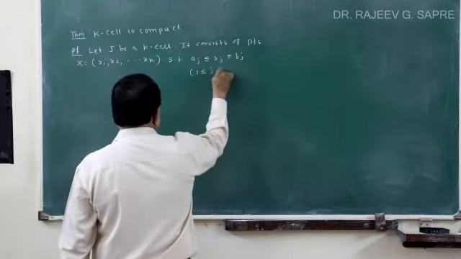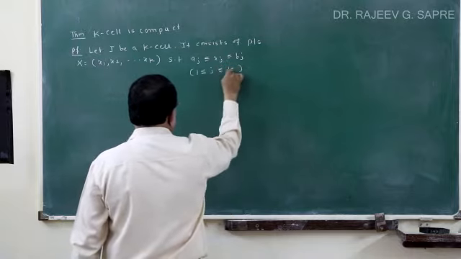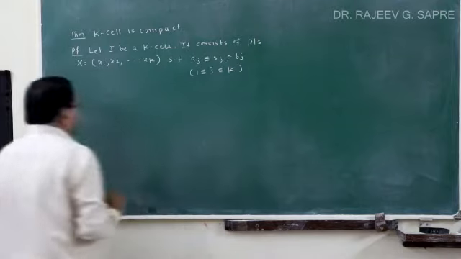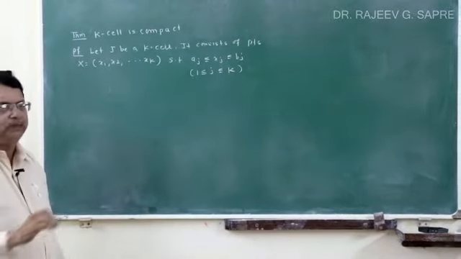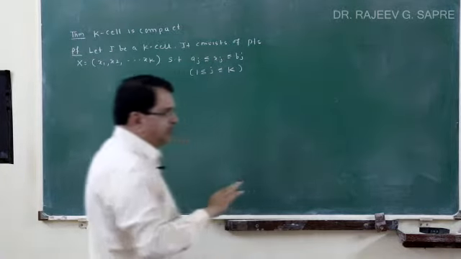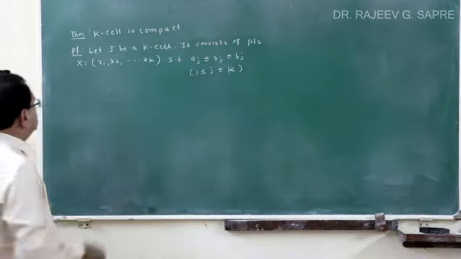So 1 less than or equal to j less than or equal to k. So this is the definition of a k-cell. As it is points of the type (x1, ..., xk), you immediately come to know that this is a subset of Rk.